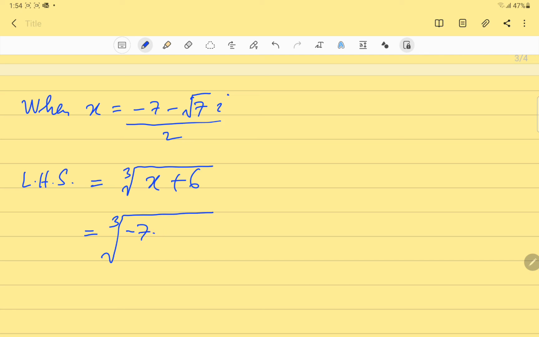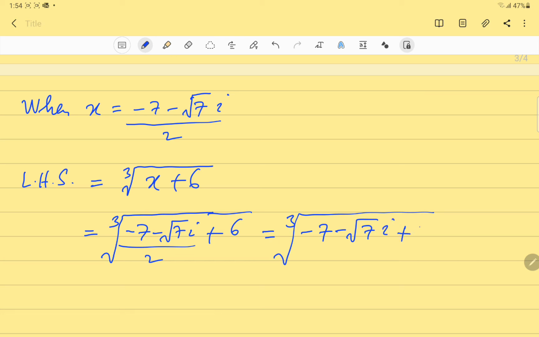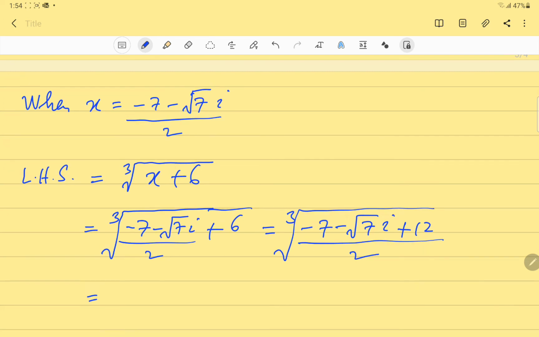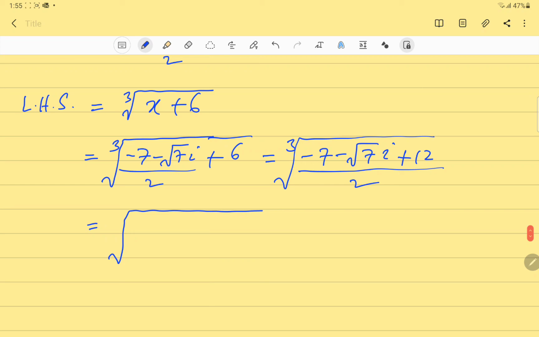So x is minus 7 minus square root of 7 iota over 2, plus 6, is equal to cube root of minus 7 minus square root of 7 iota plus 12 over 2, which is equal to cube root of 5 minus square root of 7 iota over 2.